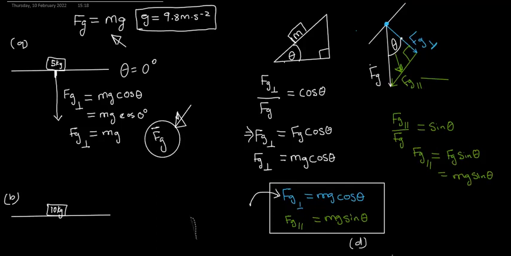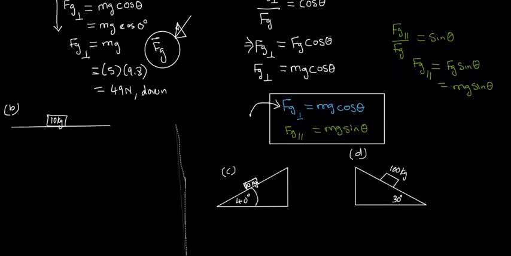So for that, you would have just said mass of 5 times 9.8, and that will give you 49 newtons, and that will be down.